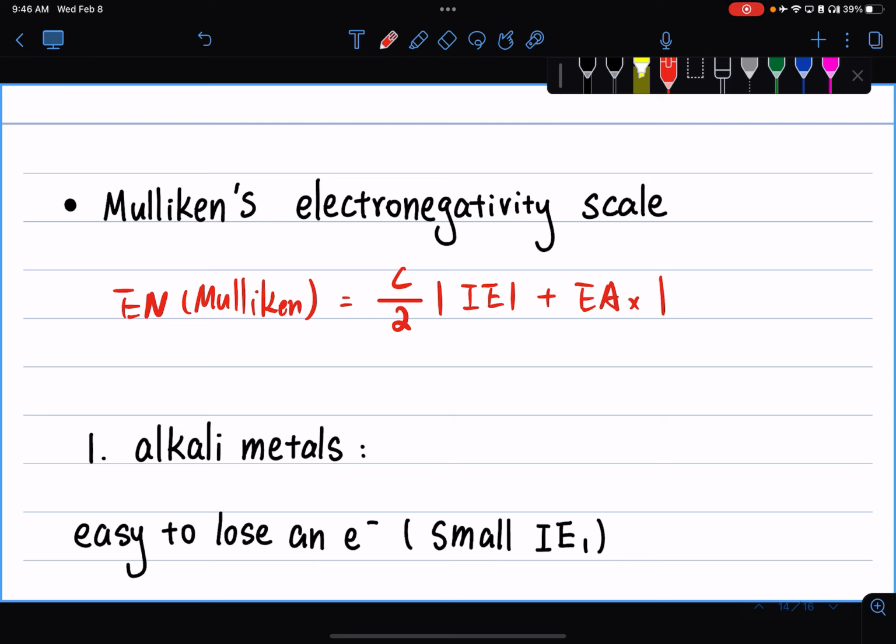So our electronegativity, at least for the Mulliken scale, is always a positive number. The trend for electronegativity takes into consideration both ionization energy and electron affinity, so it's easier to think about it from a qualitative perspective.